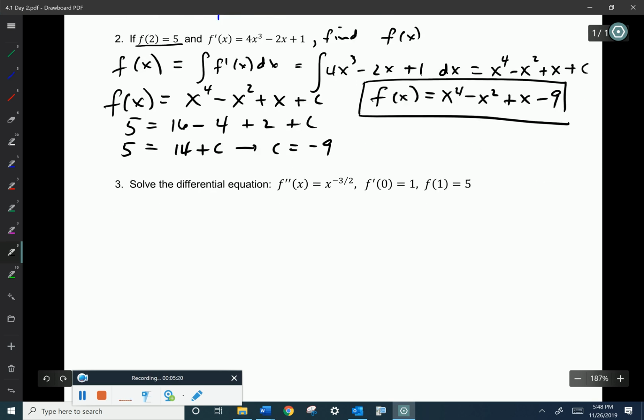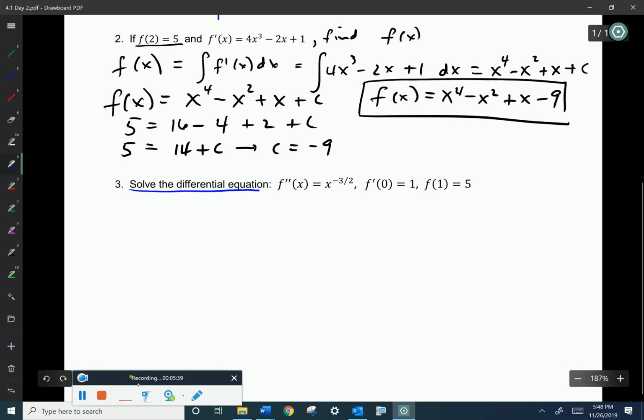So number 3, notice the directions. It says solve the differential equation. Okay, solve differential equation means integrate your way back to finding the original function. So I want to find the original function, but notice they give me the second derivative. Well, I'm just going to have to do the process we did for example 2 twice.